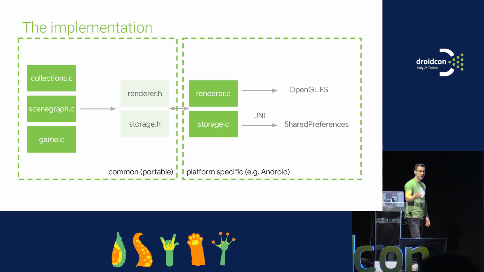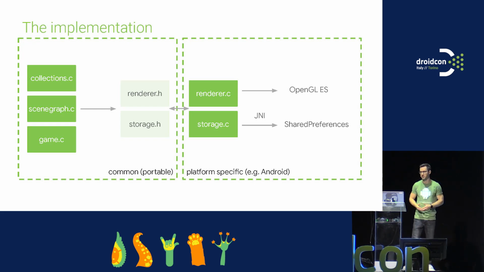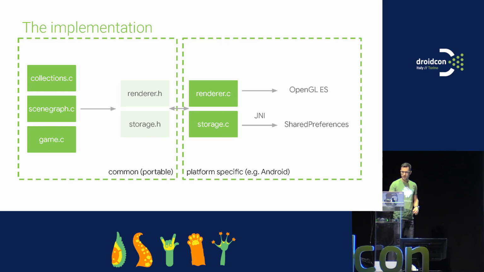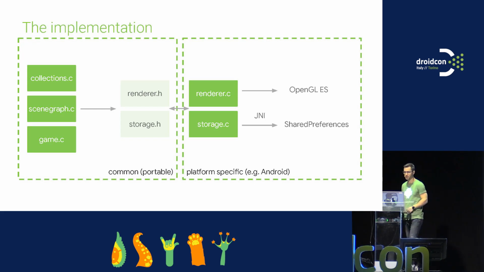But then whenever I decided that, let's say, I want to save my game state to disk, or I need to render my game to the screen using some OpenGL graphics or something else, I would try to define interfaces that I would use from my game engine code to be able to actually do it. These would be the header files with my interfaces for something like persistent storage.